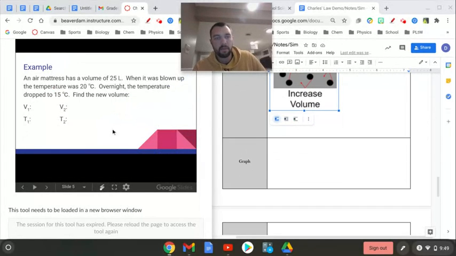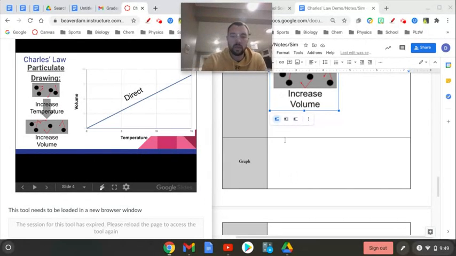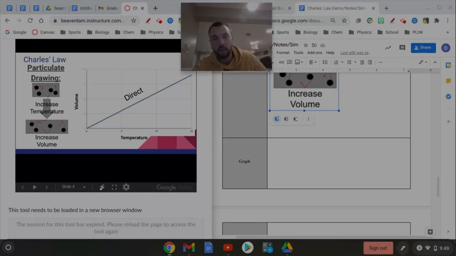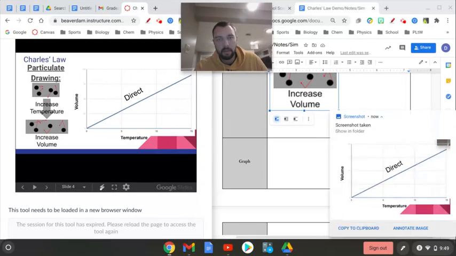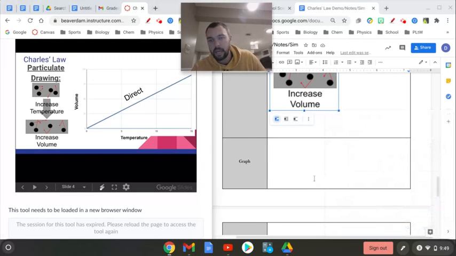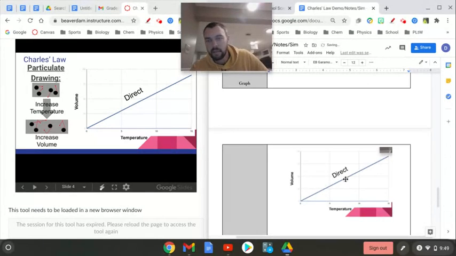For the graph, you can insert a picture, or again, Control Shift, square with 2 lines, copy, paste. So we have a direct relationship where we have a line, and remember, a direct relationship is when both variables do the same thing.